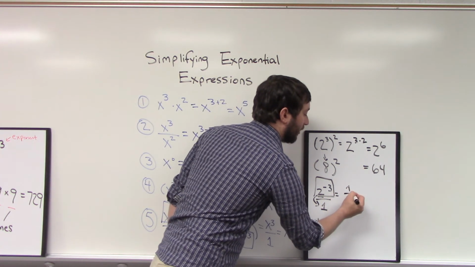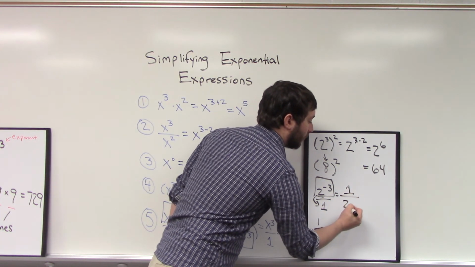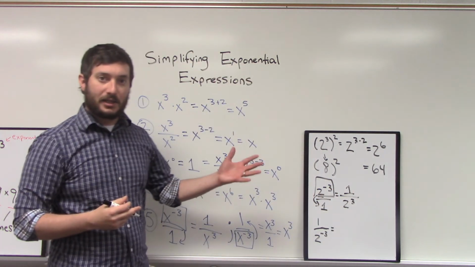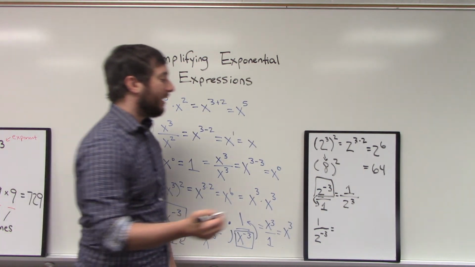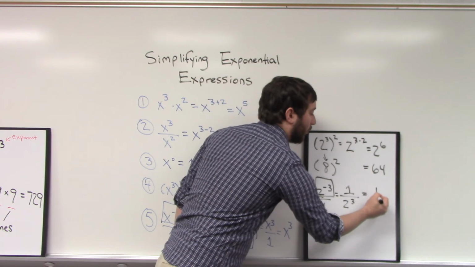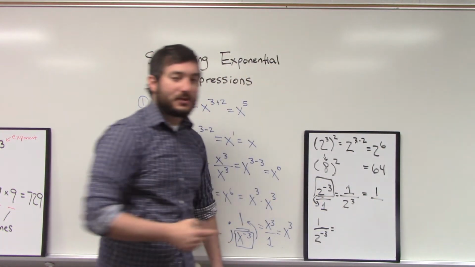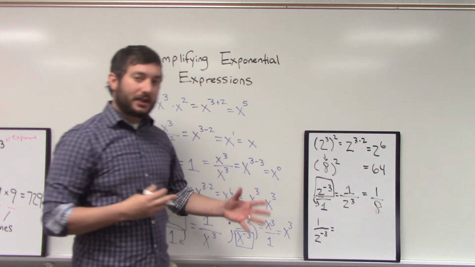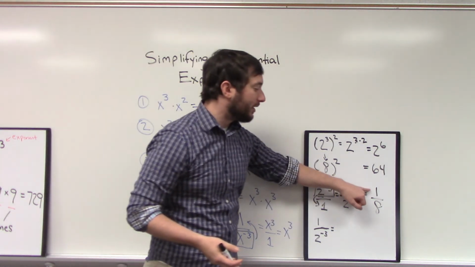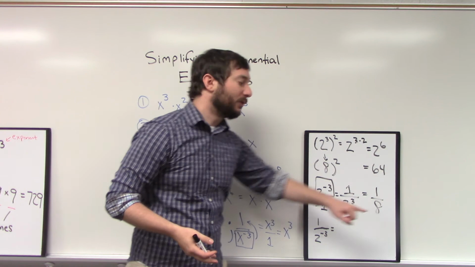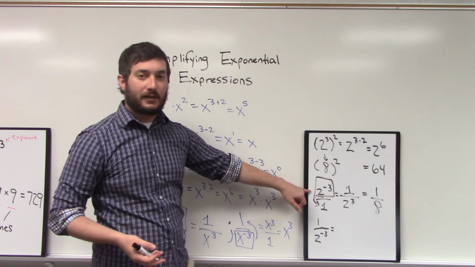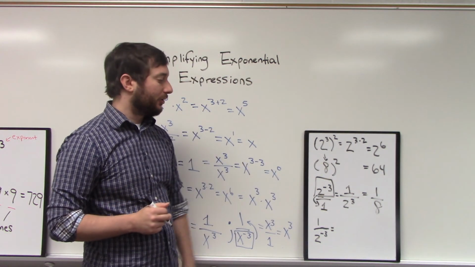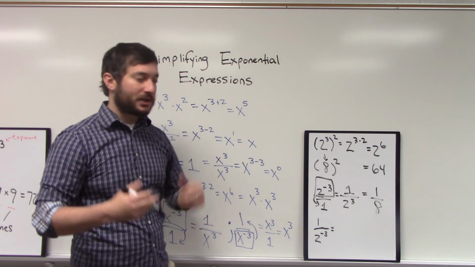It's going to be 1 divided by 2 to the third power now. The negative exponent becomes positive, and that's going to equal 1 divided by 2 times 2 times 2, which we've already shown is 8. If you check a calculator, 1 divided by 8 will give you the same decimal as 2 to the negative third power. This is how you can show that this rule works.